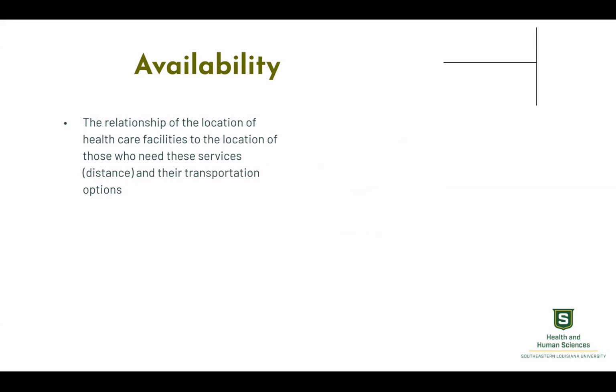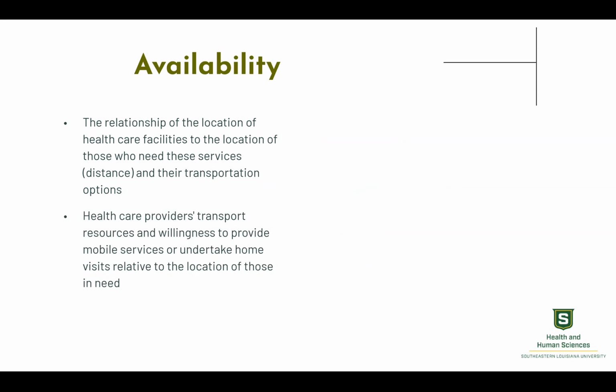Not everybody has a car, or can afford to transport themselves because it usually costs more, and you may not have friends that can take you where you need to be. So that becomes a problem. The way Hammond is set up, it's not ideal for making use of healthcare facilities, because transportation options are very limited.